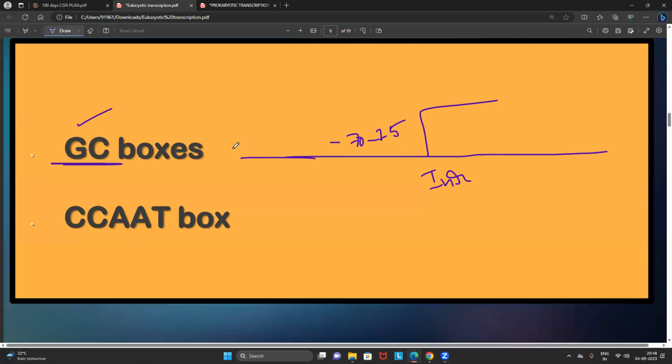Same from the INR at minus 90 nucleotides. So if you count 1, 2, 3, 4, 5, 6, 7 like that, at minus 70 to 75, GC boxes are present. GC boxes means they are rich in guanine and cytosine. What about minus 90? At minus 90, there is a repeated sequence of CAAT. That's why this box is called the CAT box. Why? Because there is a repeated sequence of CAAT.